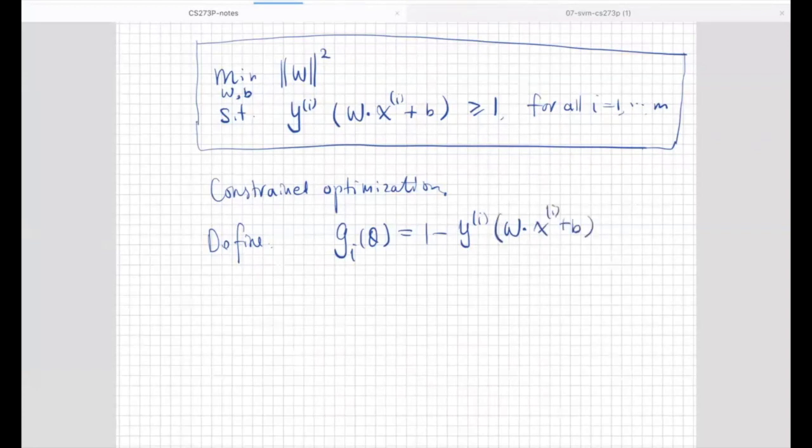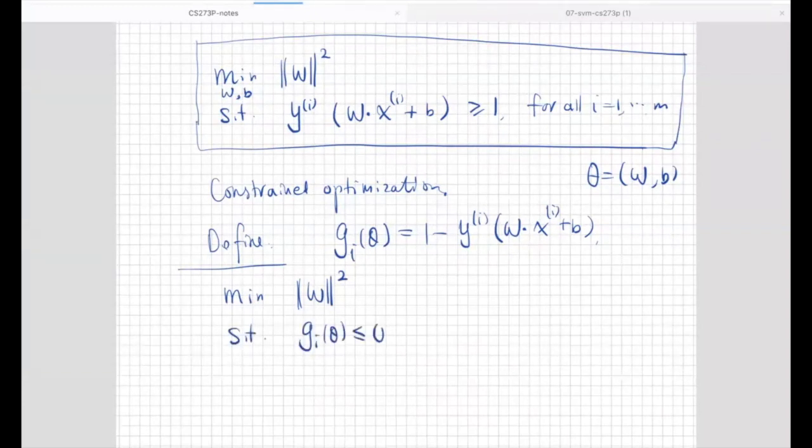So theta is essentially equal to W and B, just as a notational convenience, so I don't need to write down W and B separately. Then the optimization problem is written as follows: you have this objective function, the norm of W, subject to the constraints gi of theta less or equal than 0 for i going from 1 to m.